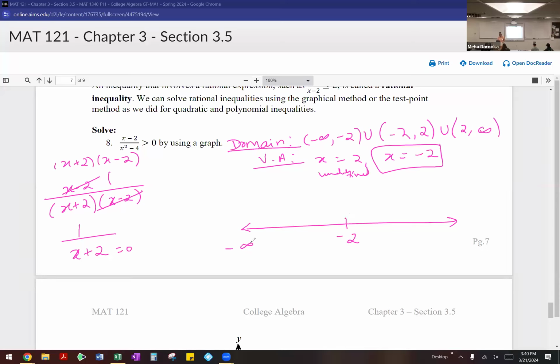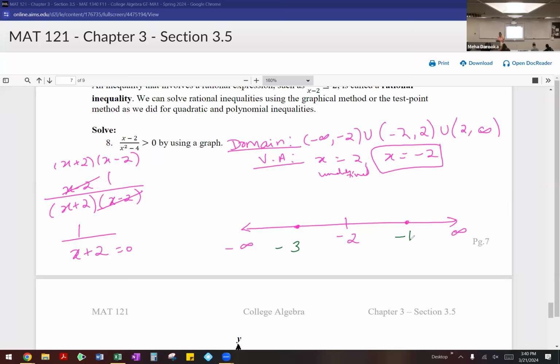So your intervals would then be finding a test point here and finding a test point here. So what number can we use on the left hand side? Sure, it works. So -3 here, and on the right hand side? Sure.